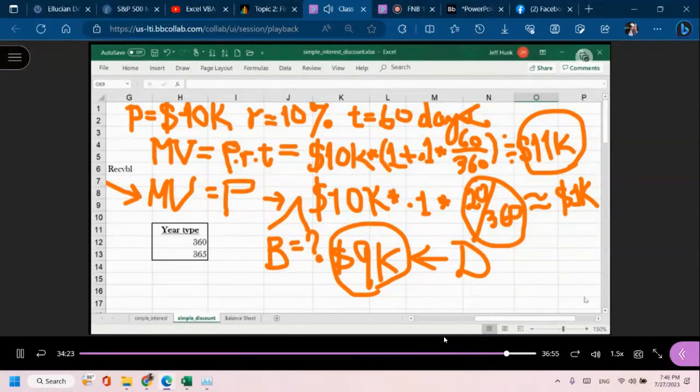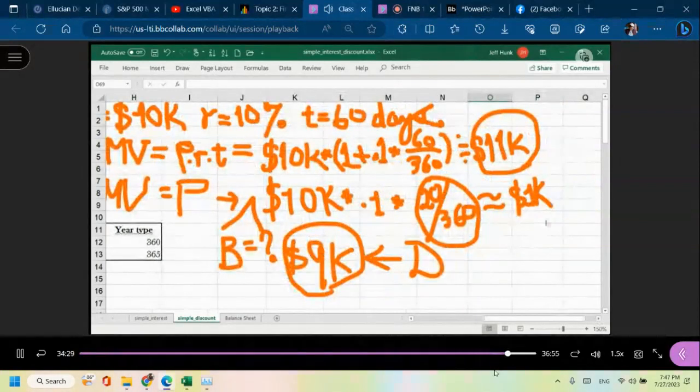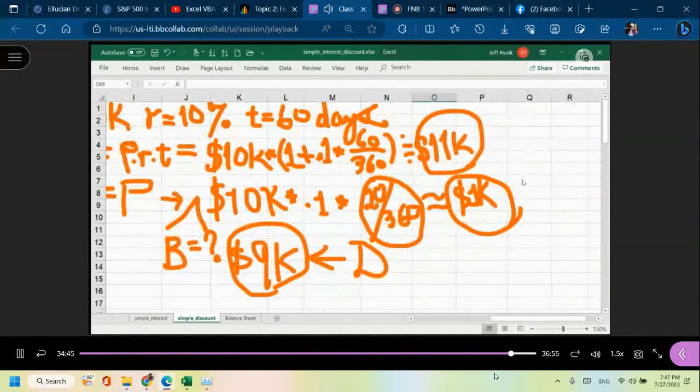The bank is going to hold it for 20 days, present it to the issuer, and receive 1K. So this is called the bank discount. You can think of it this way: that's the upfront interest that the bank takes.